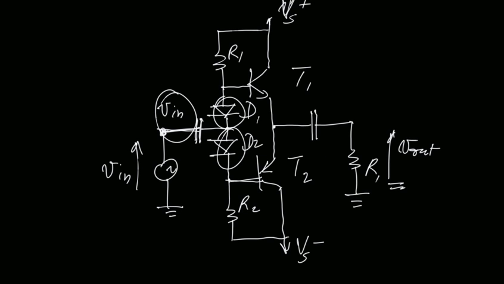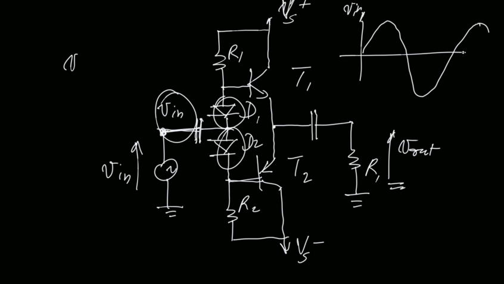Okay. All right. So when Vin is equal to 0, let's just assume that this is Vin. Right, Vin is a sine wave, so it does something like this. This is not the best sine wave you've ever seen, but it'll do. So when Vin is here, when Vin is equal to 0, what voltage do I get in here? Well, this one is forward biased.